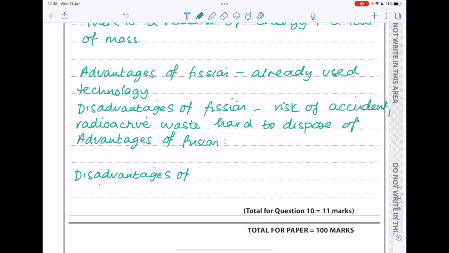What about the advantages and disadvantages of fusion? So the main advantages are that there's no harmful waste products.